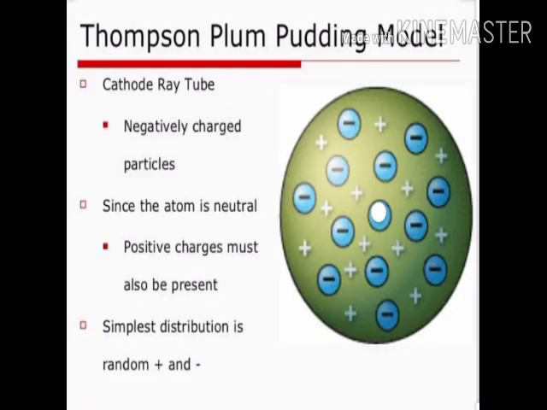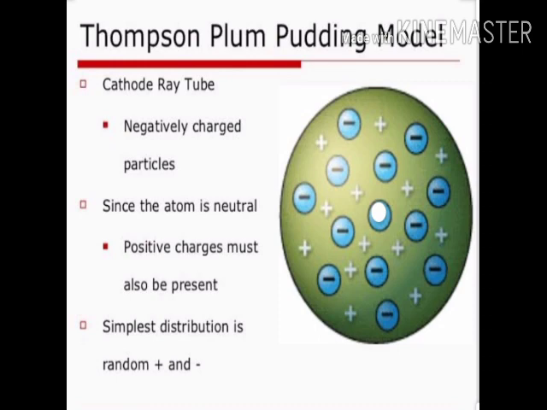Moving on, Thomson's plum pudding model. From cathode ray tube, it was observed that the particles were negatively charged particles, and since the atom is neutral, it was concluded that there must be some positive charges also present in the atom.